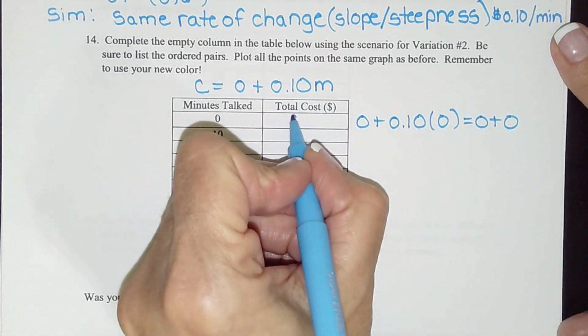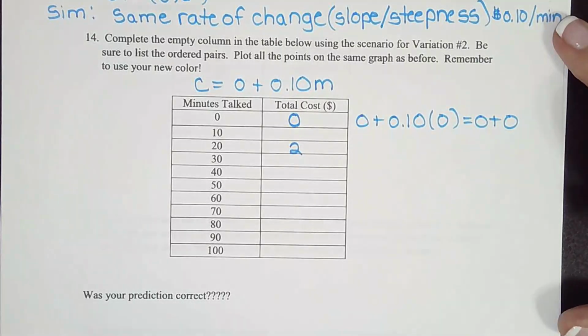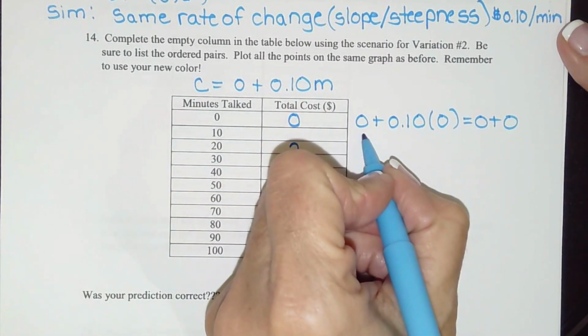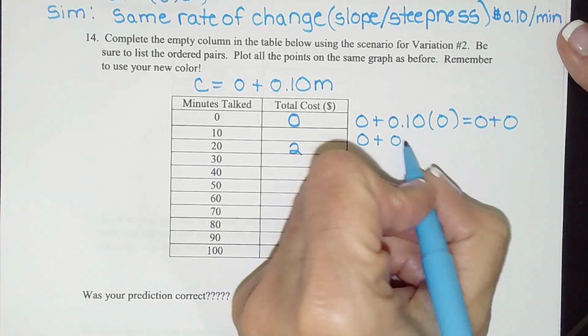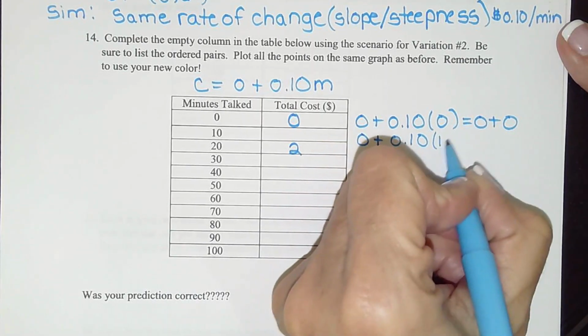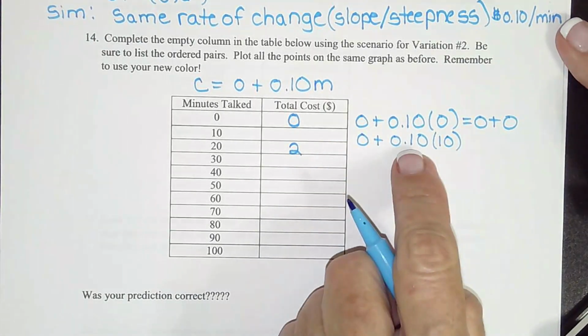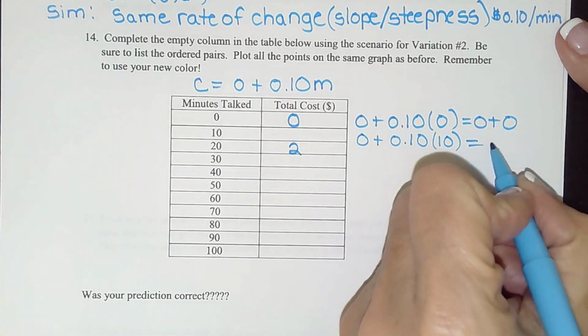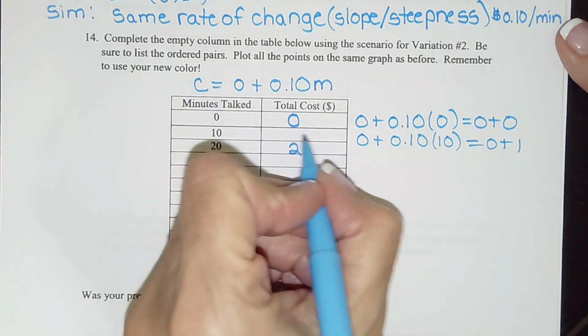So if you don't talk on your phone, your cost is 0. This one will be 0 base fee plus 10 cents for 10 minutes. And we know 10 dimes is $1. So 0 plus 1 will give us 1.